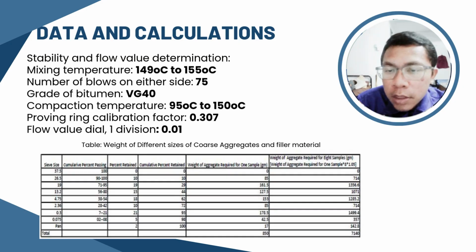The test was conducted with a mixing temperature ranging from 149 to 155 degrees Celsius, utilizing a VG14 grade of bitumen, and specimens were compacted at temperatures between 95 and 150 degrees Celsius, with 75 blows applied to each side.